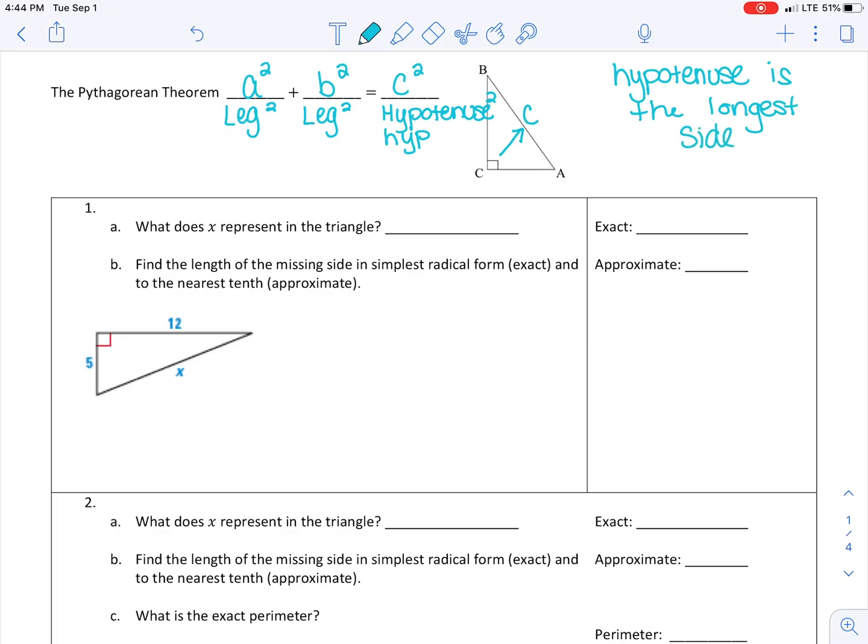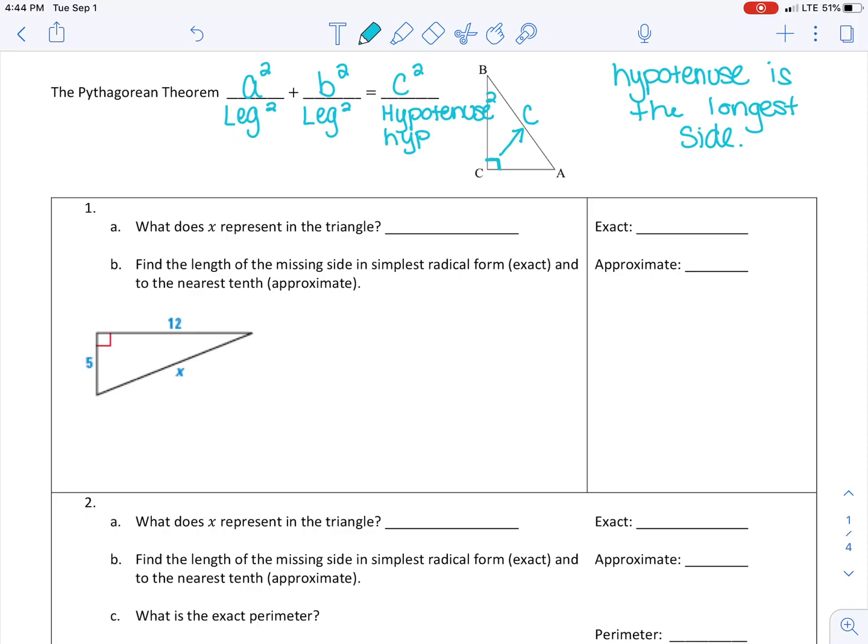Okay, and whenever we're talking about the Pythagorean theorem, it works only with right triangles. So that's what this little box here means. This means that we have a right triangle because that triangle has a right angle, which is 90 degrees.